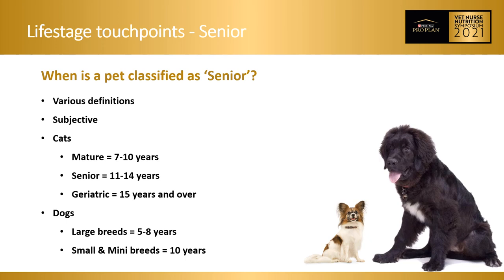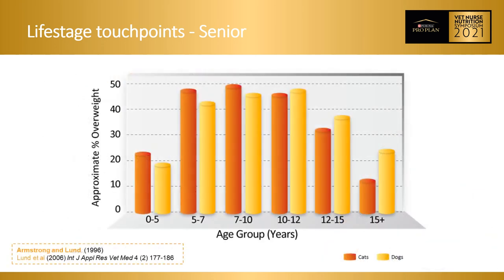And there is a growing recognition of the importance of preventative healthcare within this, and how nutrition can play a key role in their senior health. We know that feeding appropriately for life stage is part of that fundamental process. So as we said earlier, age is a risk factor for obesity, and we know that peak prevalence of overweight and obese conditions in cats and dogs is during their middle-aged years.